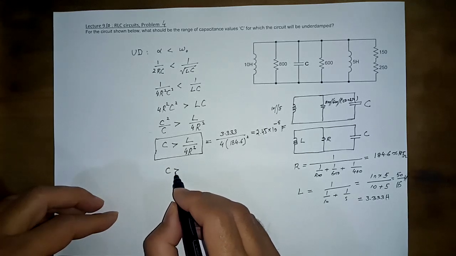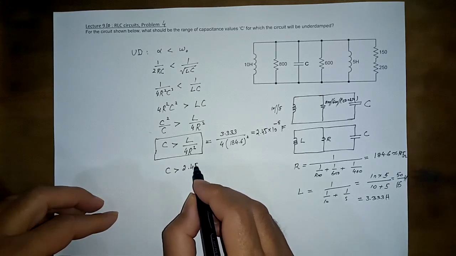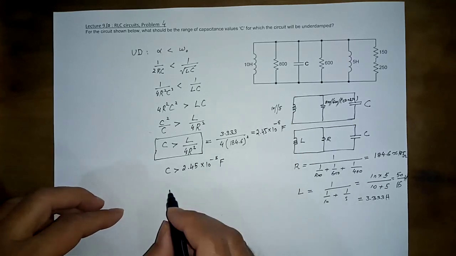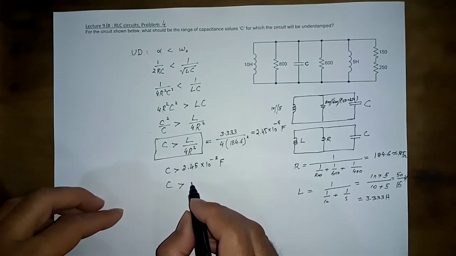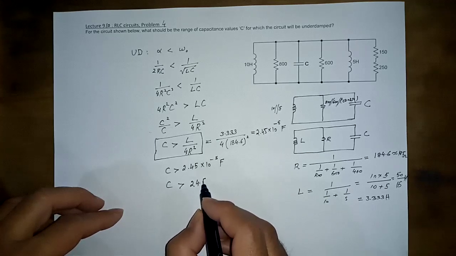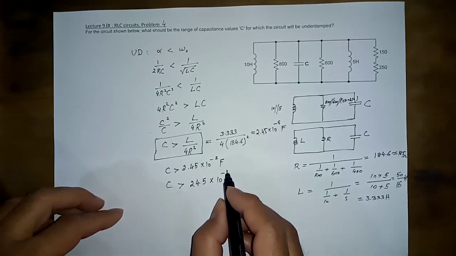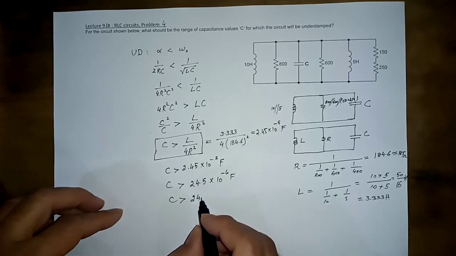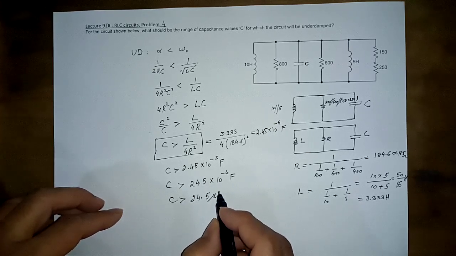So C should be greater than 2.45 into 10 raised to the power minus 5 farad, or C should be greater than 24.5 into 10 raised to the power minus 6 farad, or C should be greater than 24.5 microfarad.